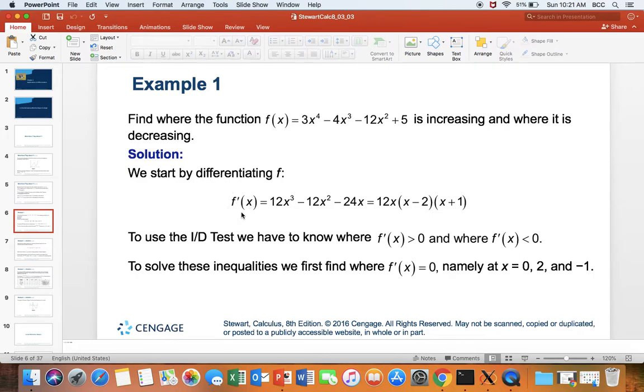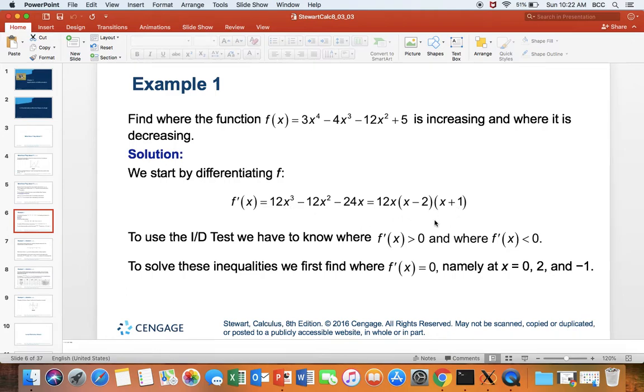So differentiate f. This gave me 12x cubed, this gives me 12x squared, this gives me 24x, and this gives me 0. Notice 12 is common, even x is common, so 12x is taken away, and whatever is left, they have factored.